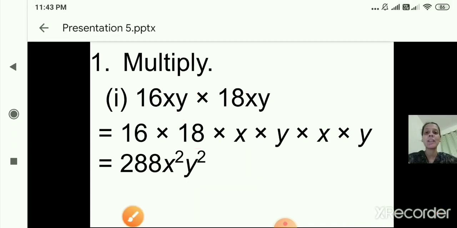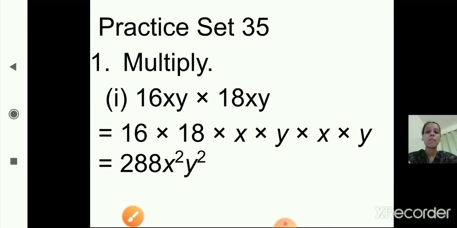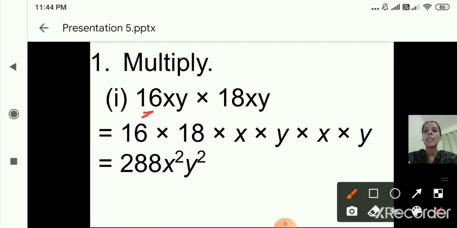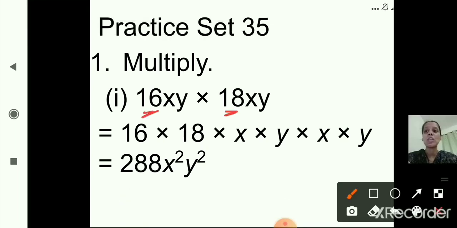Okay, hope you are clear with the first sum. The first question is 16xy multiplied by 18xy. So this is multiplication of a monomial by a monomial, as both the algebraic expressions are monomials. While doing this, we will multiply the coefficients first, then the variables. Coefficient means the numbers, so 16 multiplied by 18.